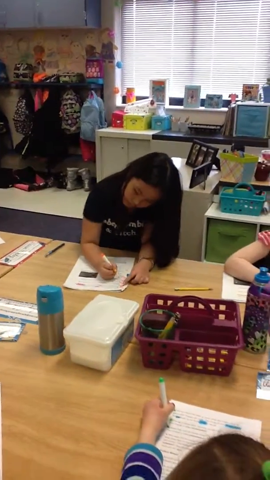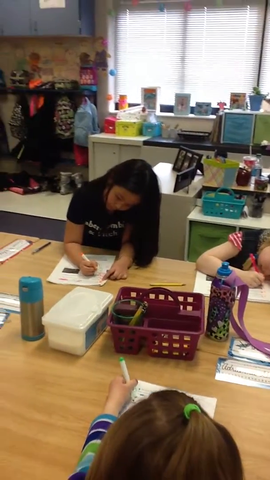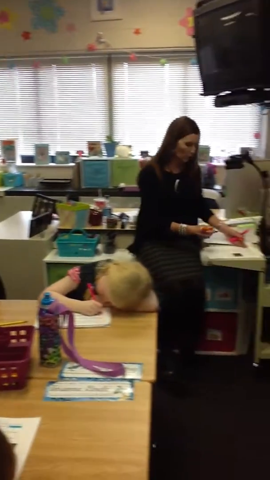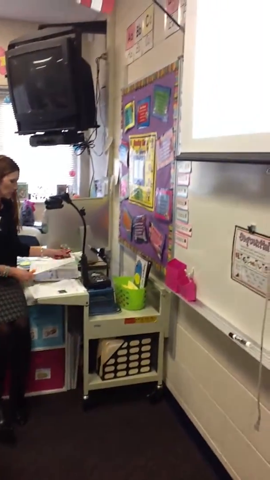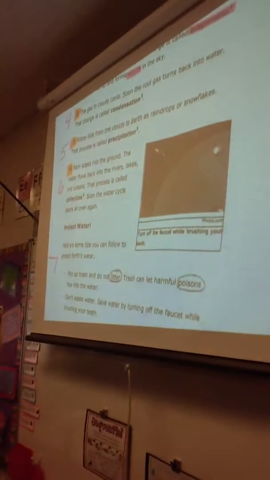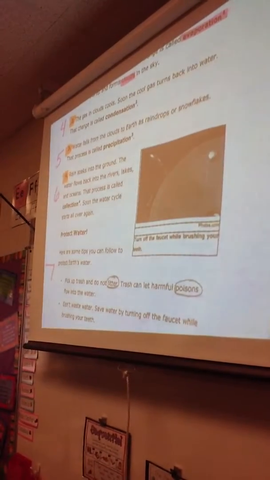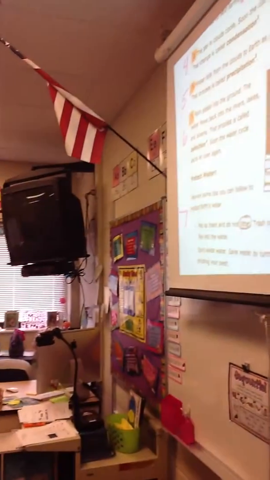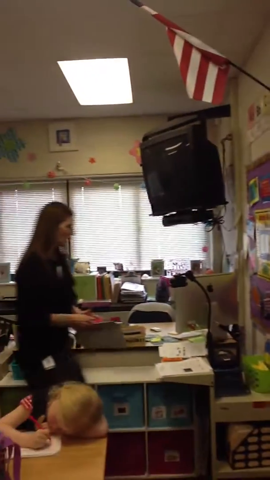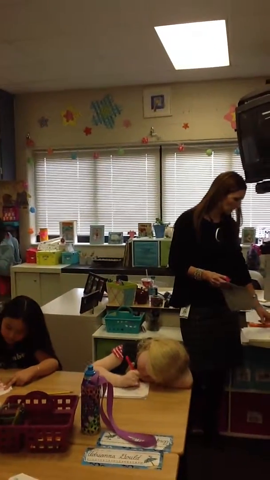Yep, so we have 1, 2, 3, and 4. When we're reading something and it's giving us the steps, that helps us determine what happens first, then next, third, fourth.